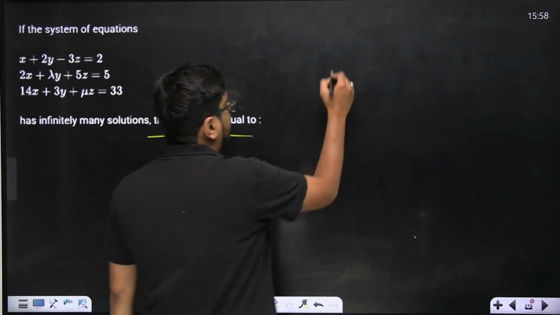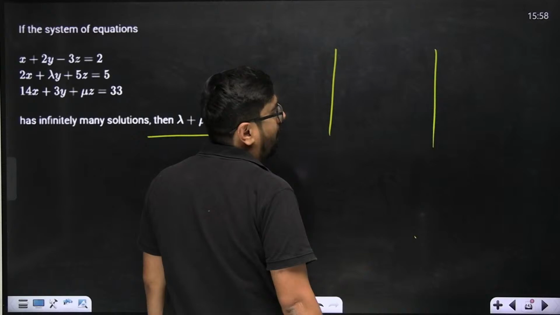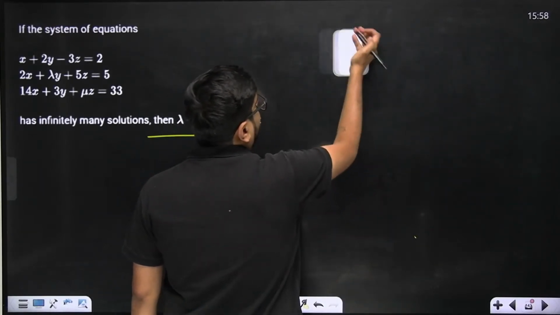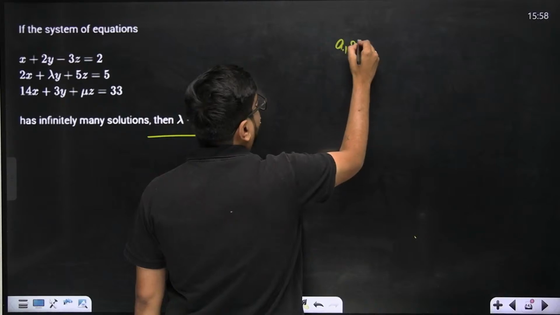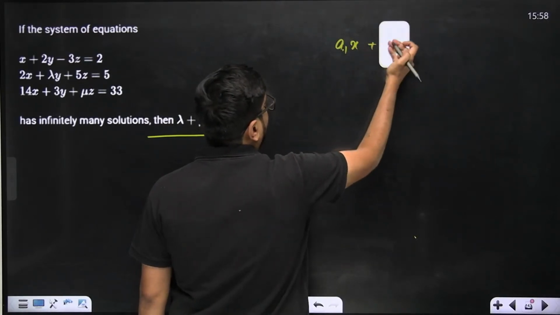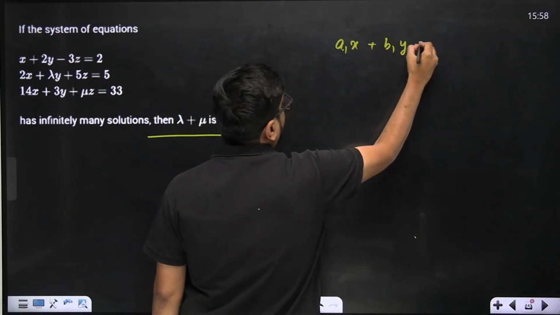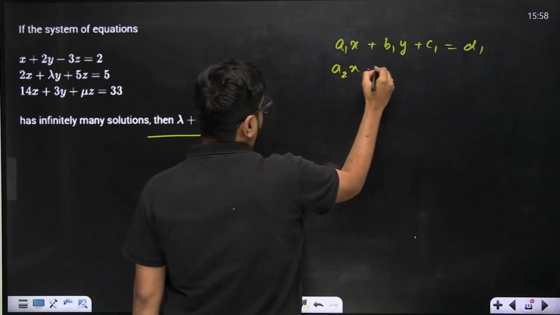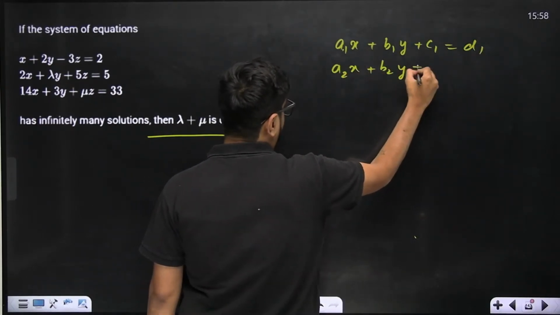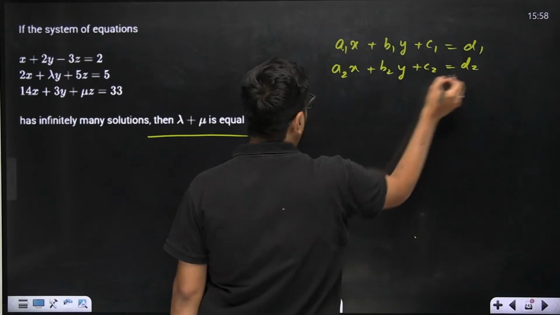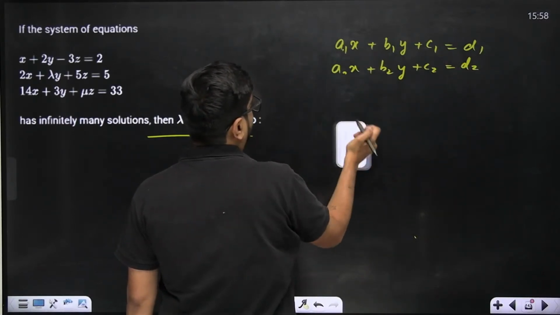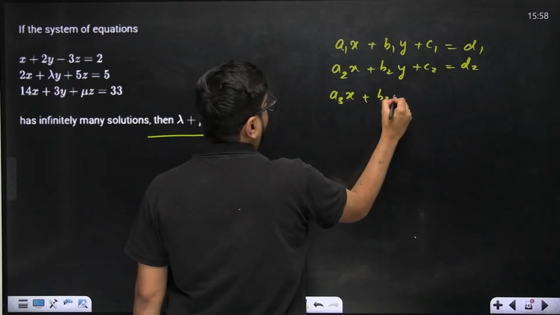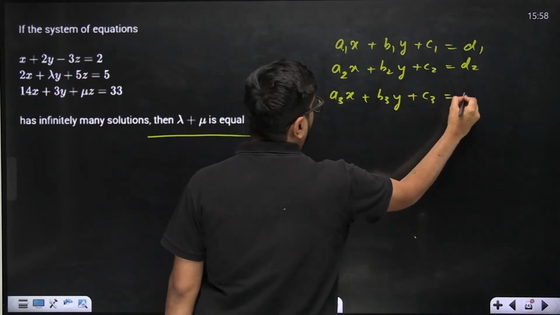Or so simple thing, suppose your equations are like this, I'll teach you once, I hope you know this already. a1x plus b1y plus c1z is equal to d1. a2x plus b2y plus c2z is equal to d2, and a3x plus b3y plus c3z is equal to d3.